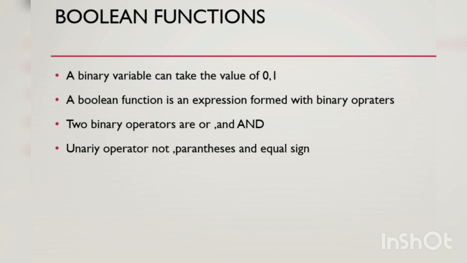So a binary variable can take the value of 0 and 1. A Boolean function is an expression formed with binary operations. The two binary operations are OR and AND, and the unary operator NOT, parenthesis and equal sign. So we can understand the Boolean function.